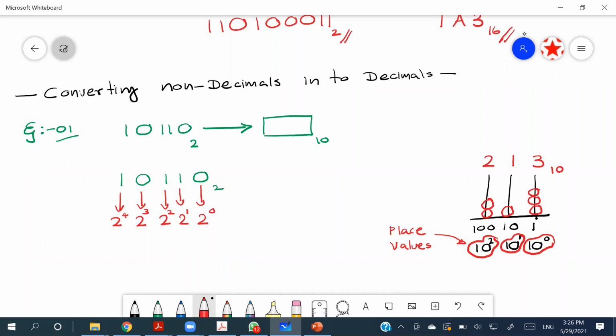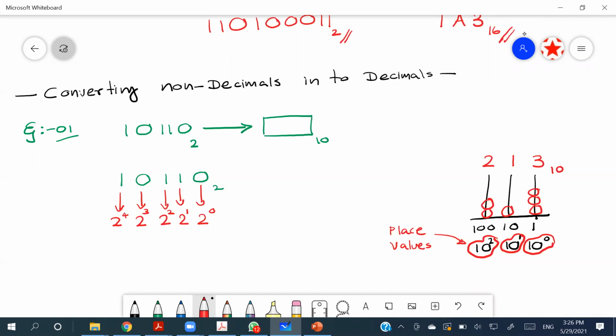So we are given a binary value to convert into decimals. So we consider place values. Since it is a binary value, it has 2 to the powers. Right? And tell me this.